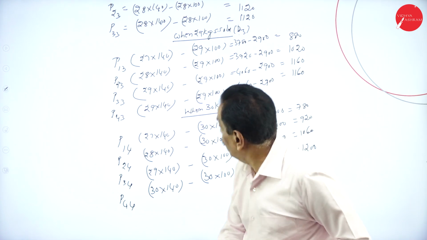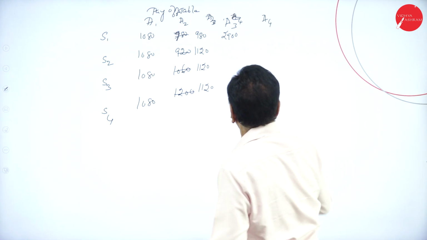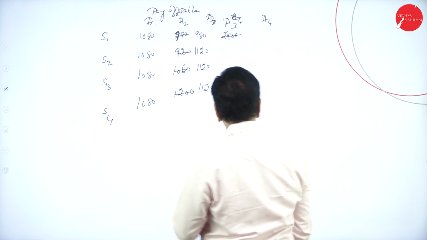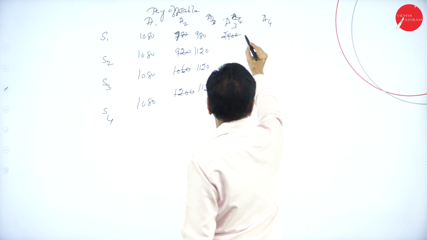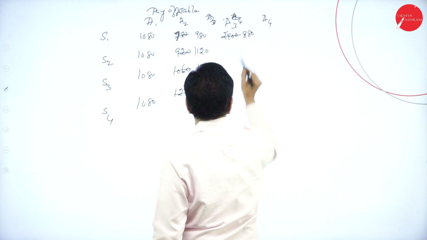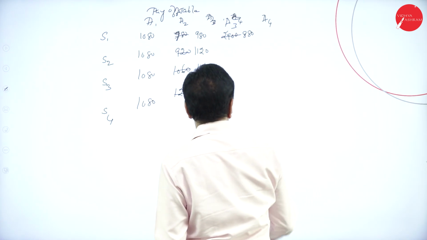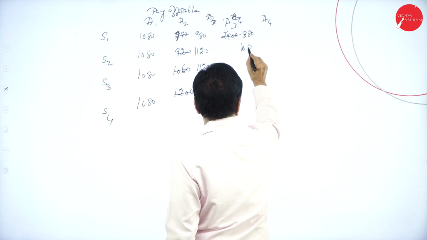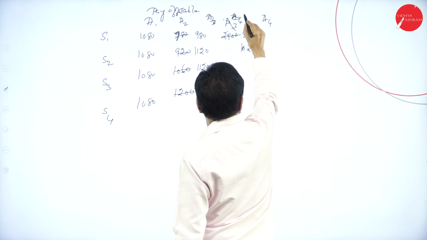This goes in favor of A3. A3. What is the first one? 880. Second one, 1020. This goes to A3.